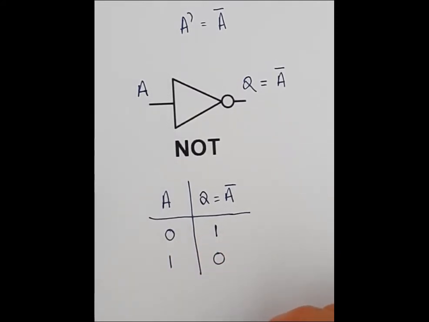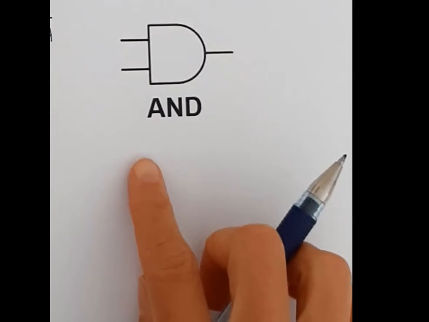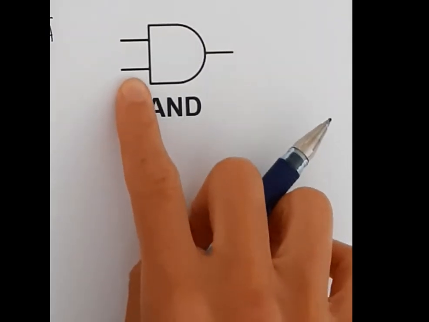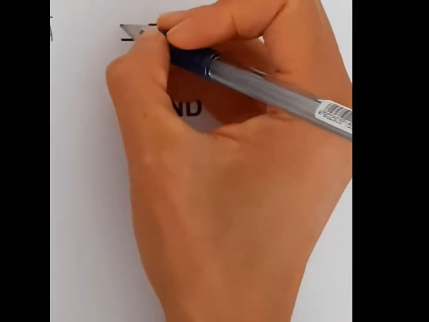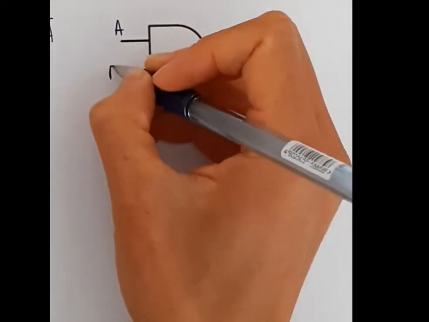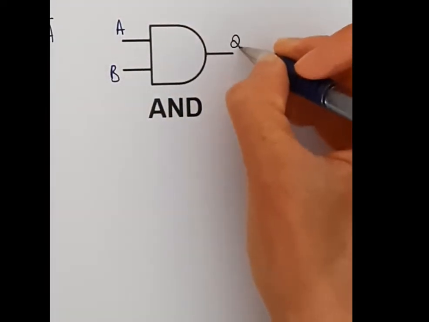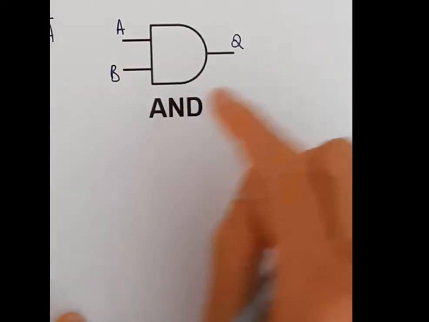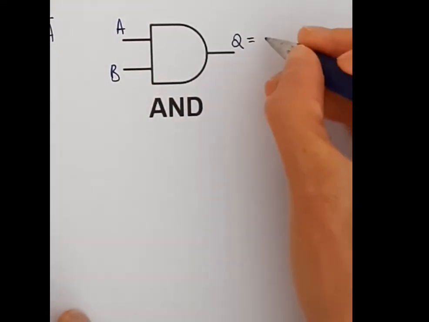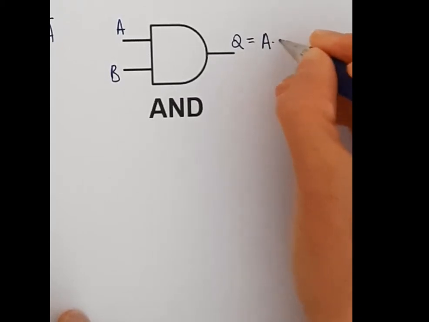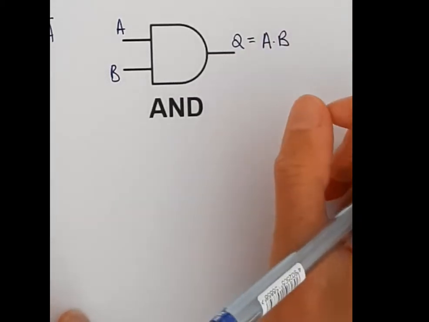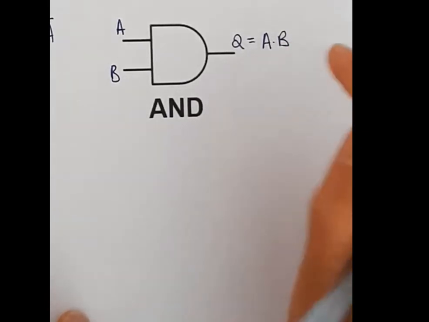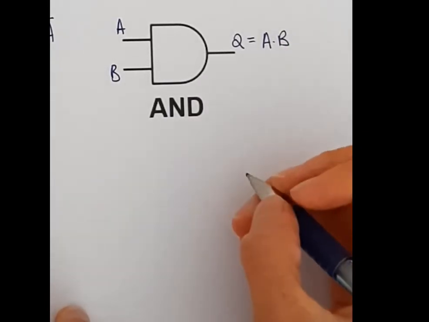That's a NOT gate. In an AND gate, you have two inputs. So I've got A and I've got B, and I've got one output Q. And the notation for A and B is you write them together, A B. You can put a dot or you can just put them together. So it's a bit like multiplication, yeah? So A and B, you write them together.